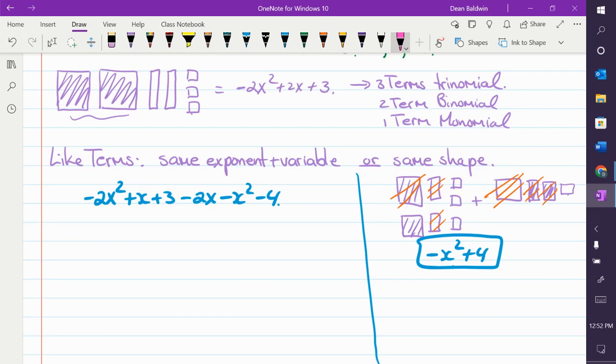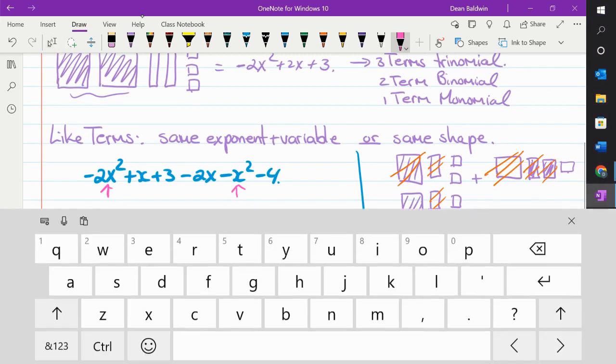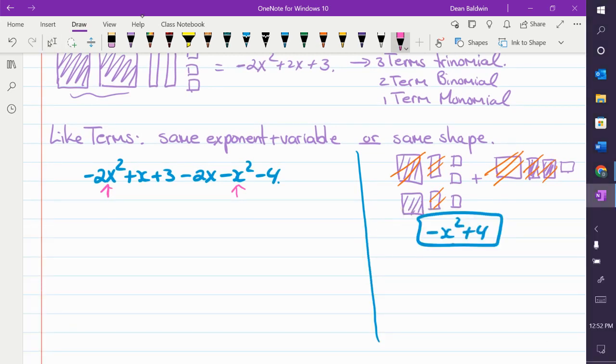What do you need for like terms in algebra? Same exponent and variable. So that and that are like terms. Always take the sign that is in front. If you're subtracting, does the x squared change? The variable and the exponent stay the same.